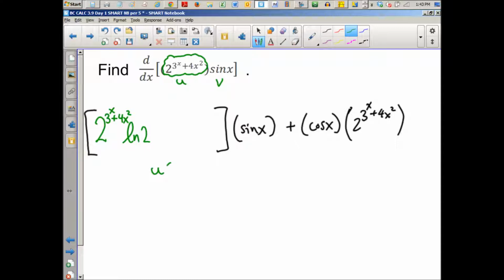Okay? It's part of the package. Now we need the derivative of this stuff that's up here. This 3 to the x plus 4x squared. I need the derivative of that. So the derivative of 3 to the x is what? 3 to the x ln 3. Good. 3 to the x ln 3. And the derivative of 4x squared is 8x.